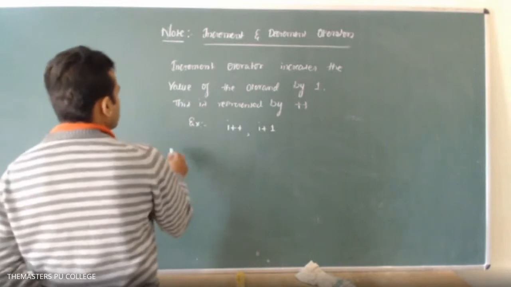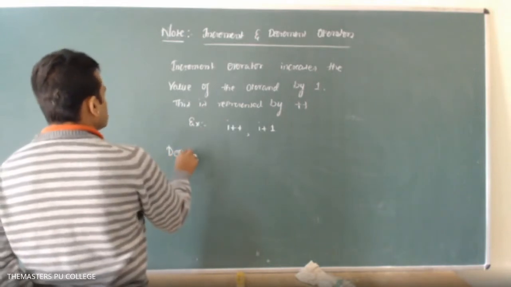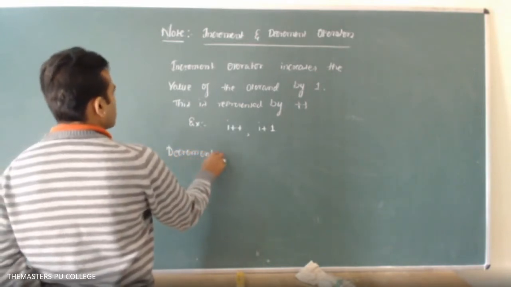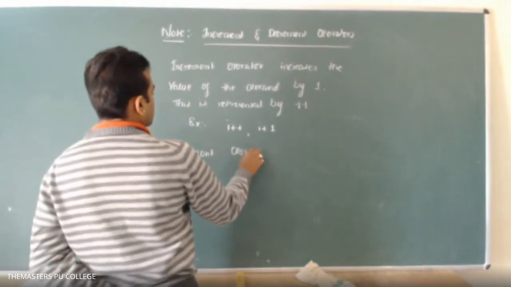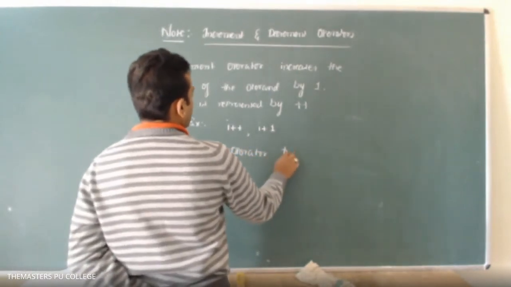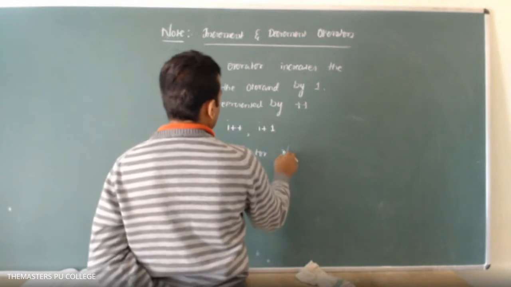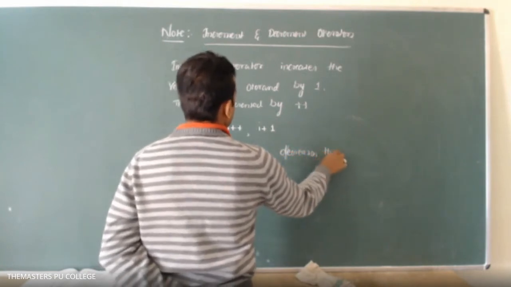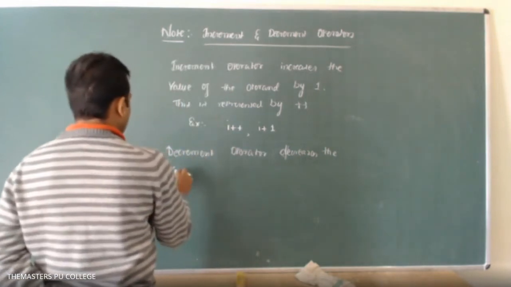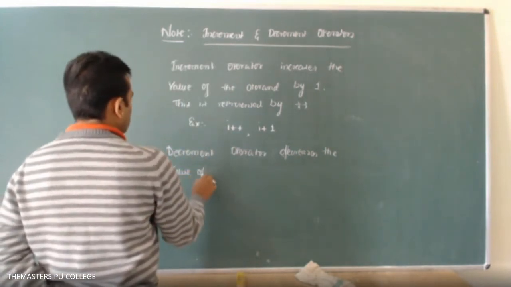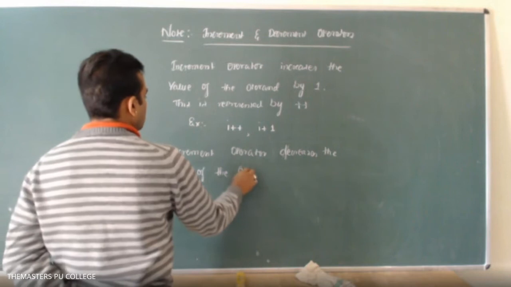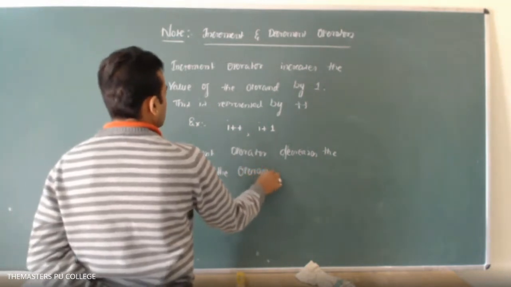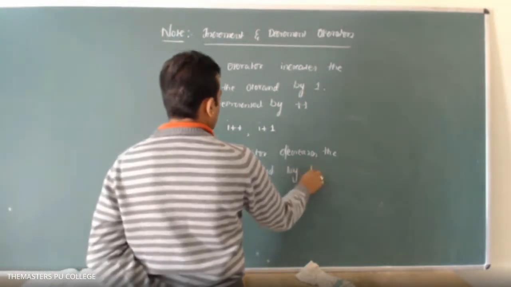Okay, next, the decrement operator decreases the value of the operand by 1.